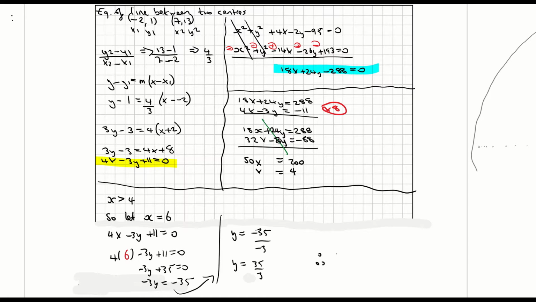So therefore, one sample coordinate for the center of a circle is x as 6, I should say, as long as I pick it bigger than 4. So I picked 6, and y as 35 over 3. So there are different ways of doing that question, but all will have an x value bigger than 4, and that's why I did all that complicated bit of work at the start to make sure that that value is true.